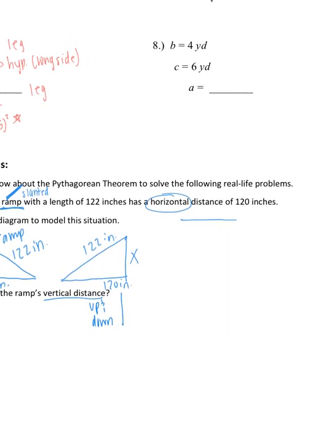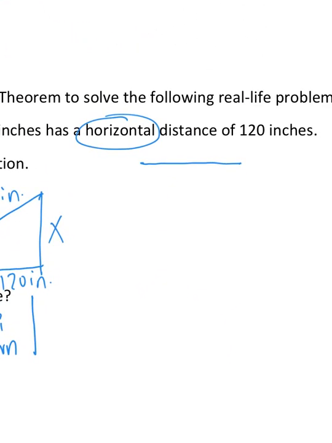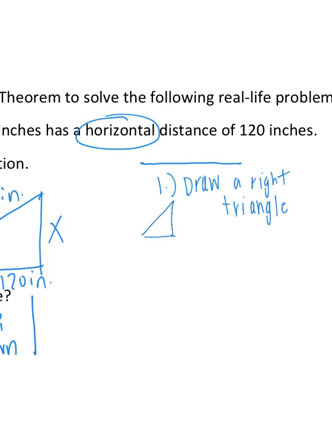So what I would say for when you're drawing diagrams for Pythagorean theorem problems is draw a right triangle. That's always going to be your first step because no matter what, it's going to be a right triangle if you're dealing with Pythagorean theorem. So that means draw something like this with a right angle.